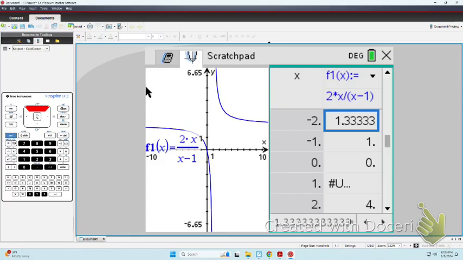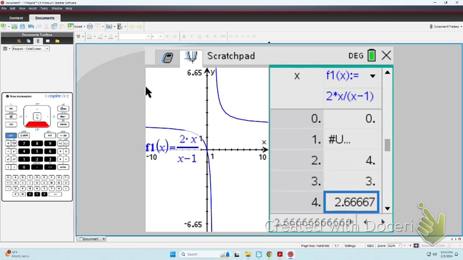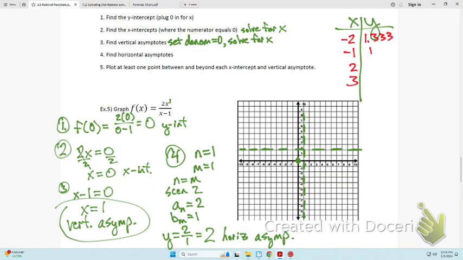At 2, it is 4, and at 3, it's 3. So plot those points. And these make parabola-looking graphs.